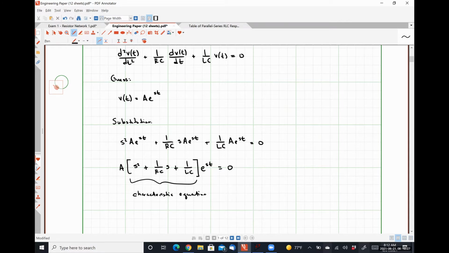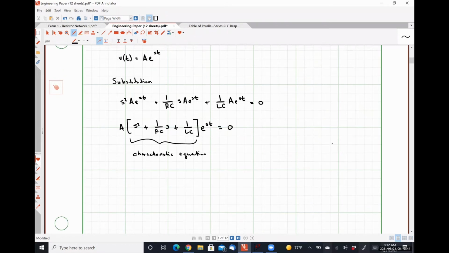The equation in brackets is a simple quadratic, where a is equal to 1, b is equal to 1 over RC, and c is equal to 1 over LC.